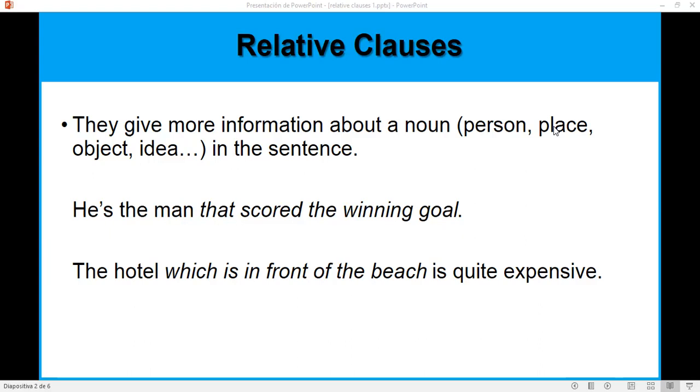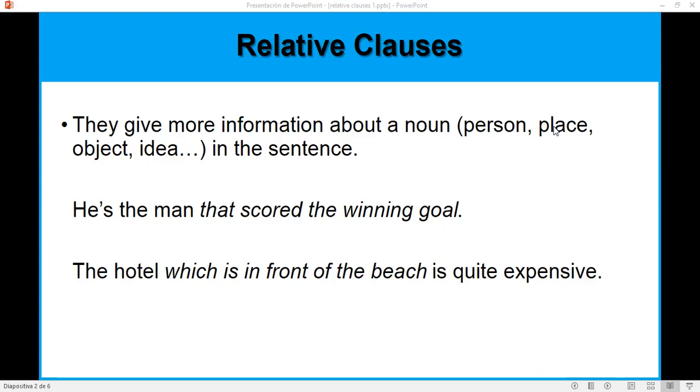Yes? No? Okay. Example, imagine that Pablo has a car, an expensive car, and his car is color red. So you can say his car is expensive. But if you want to add extra information, you say his car that is red is expensive.